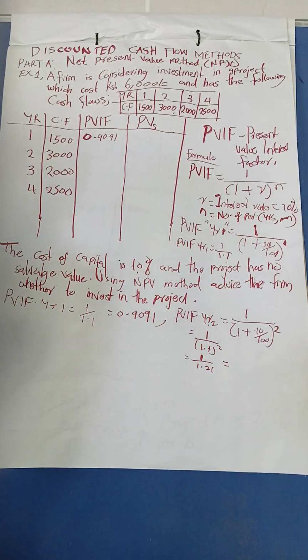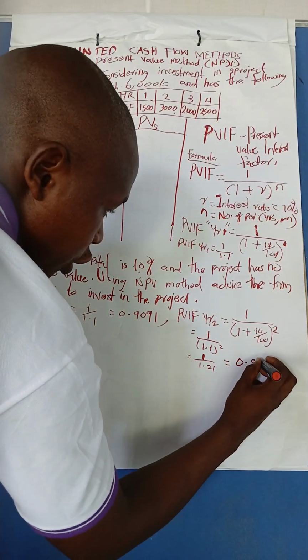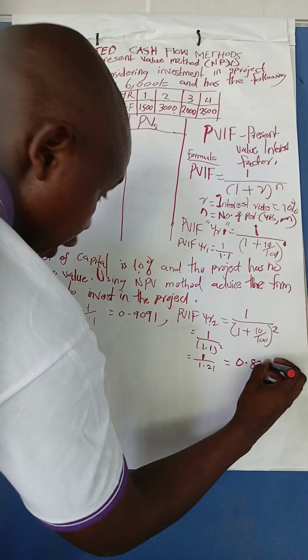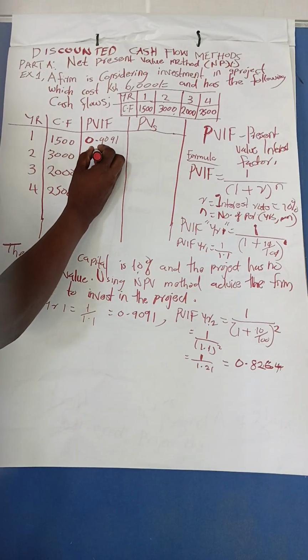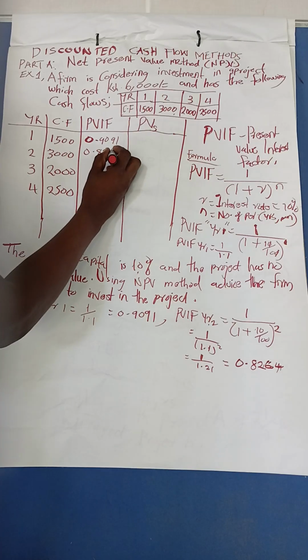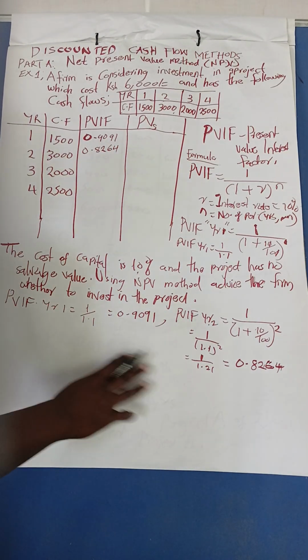So if you divide 1 by that, I will get 0.8264. I'll come and write here 0.8264. Good.